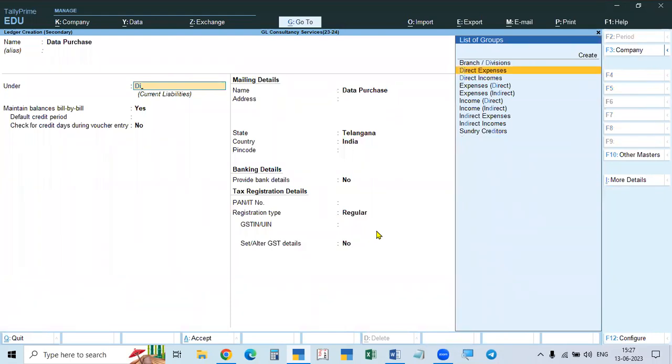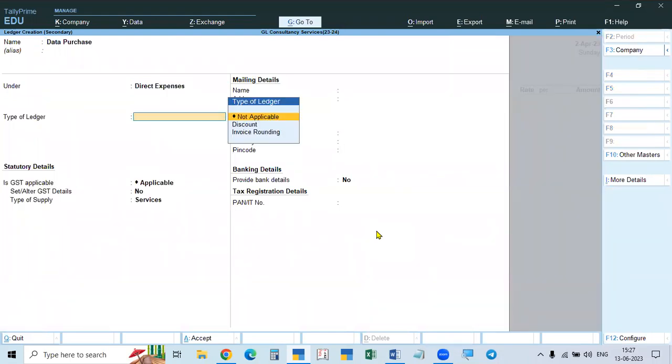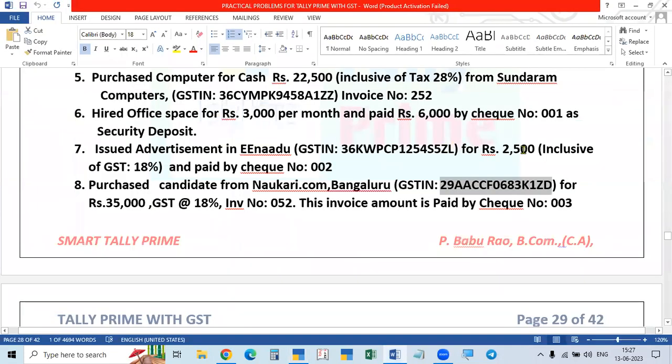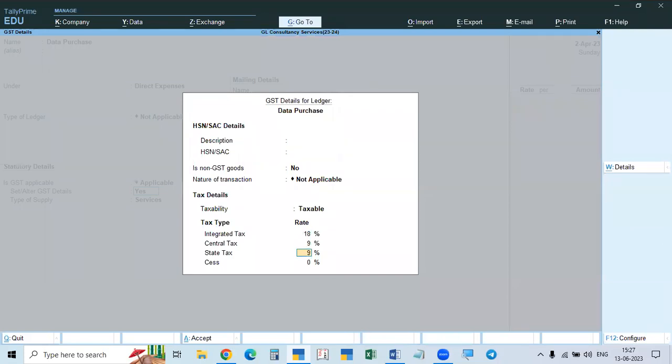Okay, direct expenditure because you are purchasing data, the candidates, and you will appoint the candidates in the customers. Here data purchase is the service. It is taxable. The tax rate is 18%. So 18% you have to do.